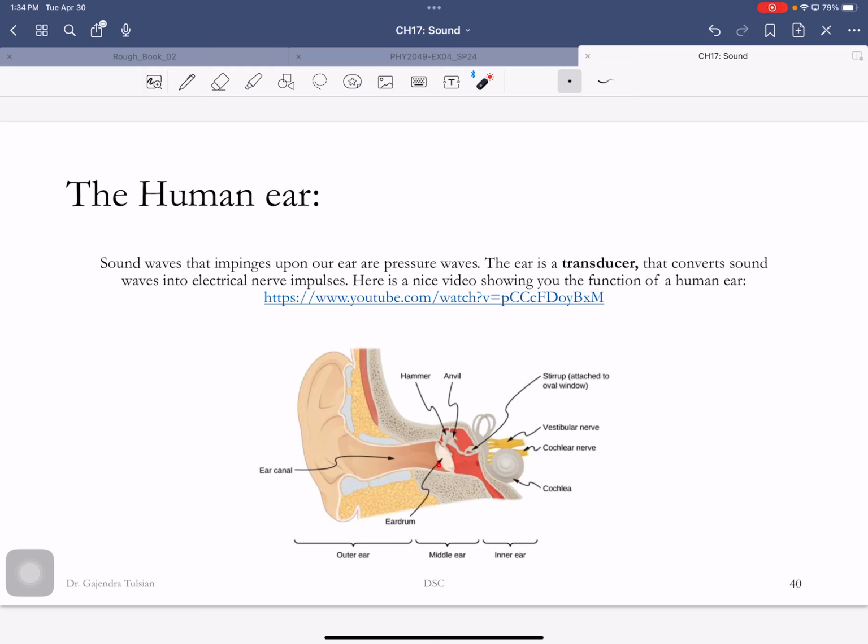And these vibrations have to be transmitted to a fluid in the cochlea. The most efficient way to do that is through these 3 light bones. These bones are touching the eardrum, so as the eardrum vibrates, that is transmitted to the bone, and then that vibration is transmitted to the fluid.